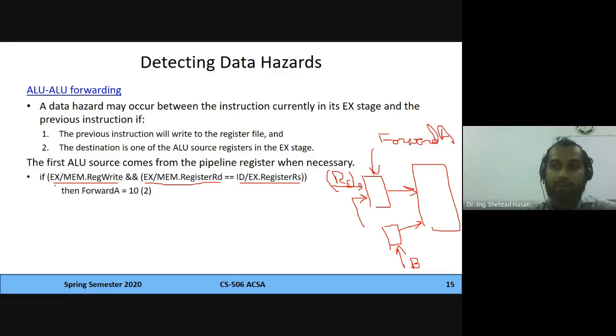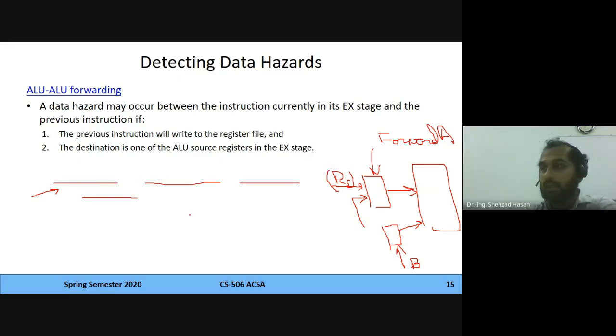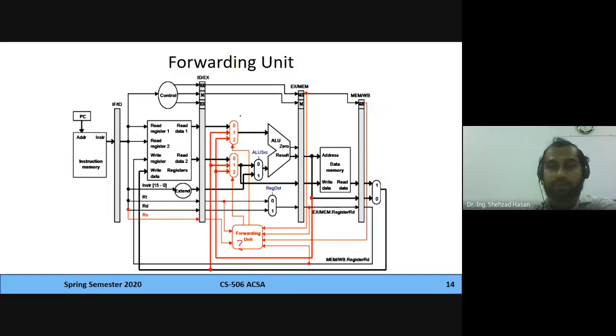And this is an example of using the control signals. So we're talking about the control signal register write for the instruction which is currently in the memory stage. Okay. Now, if both of these conditions are true, then you have to forward the value from the EXMEM pipeline register. This is according to the picture over here, to the example that we have shown, because input 2 is coming from the EXMEM pipeline register back to the ALU.